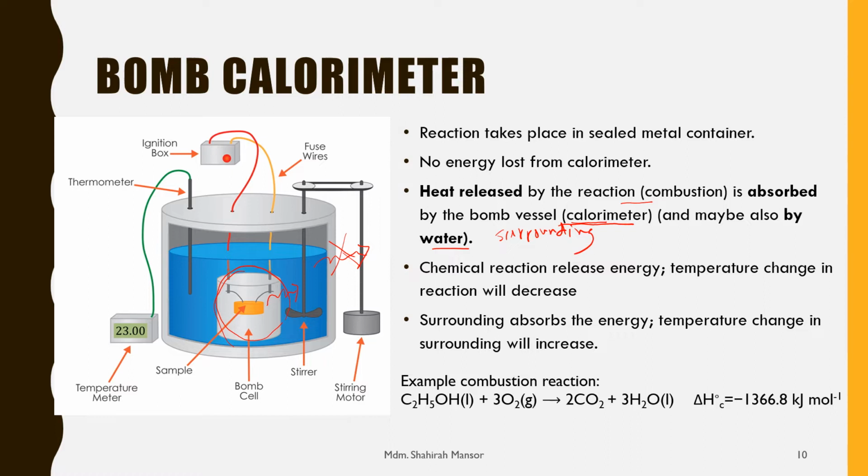So again, as chemical reaction release energy, temperature change in reaction will decrease. So kita bakar, and then bila kita bakar, this reaction akan membebaskan haba. So haba ini dia akan keluar ke surrounding. So bila haba keluar kepada surrounding, we can see that T initial is higher, T final will be lower.